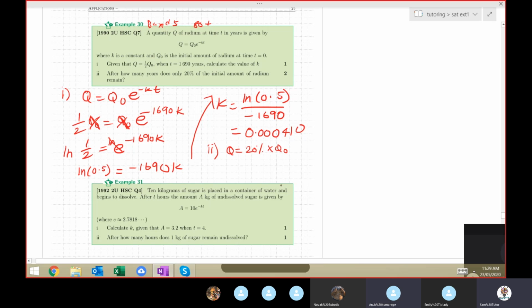So then it'll be 20%, which is 1 on 5, or 0.2, whatever you like to write, equals Q naught e to the negative K T, which you know is this. But who wants to keep writing this out? Anyways, I usually just write it as K, because you know it's a constant, and then T. All right, what's your next step?